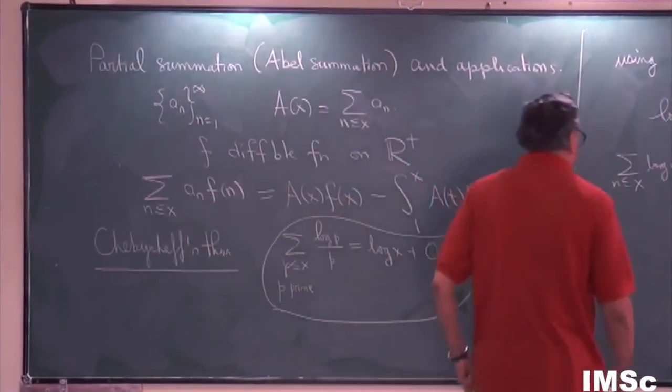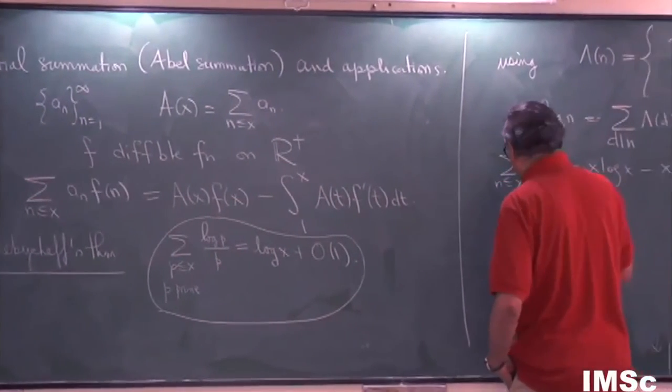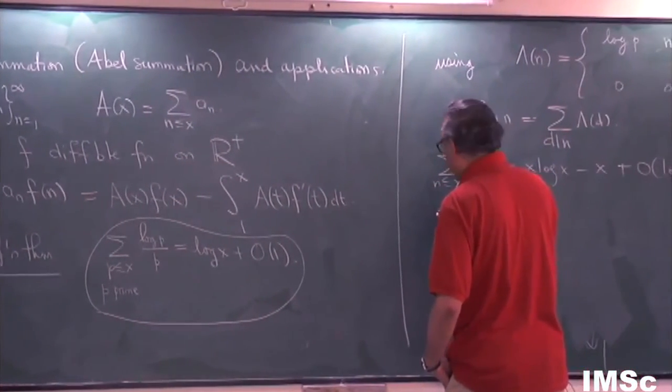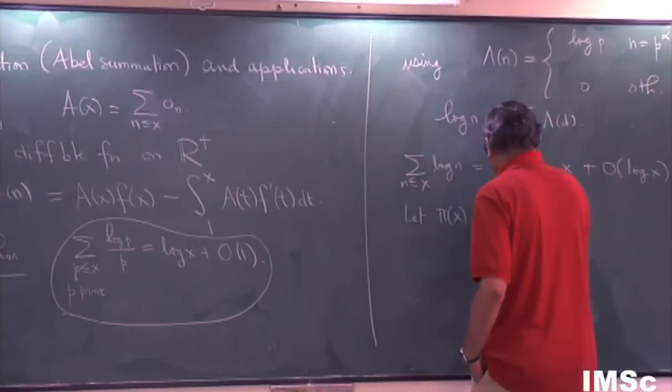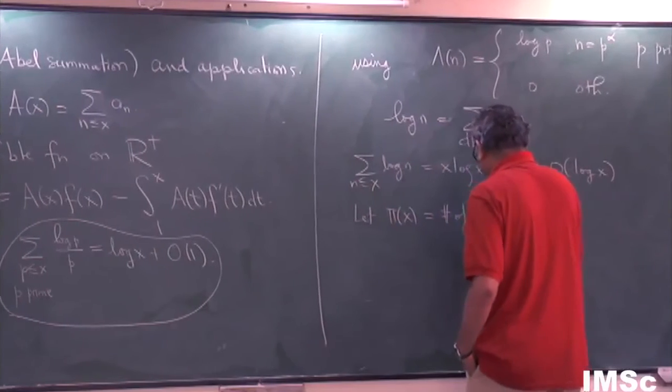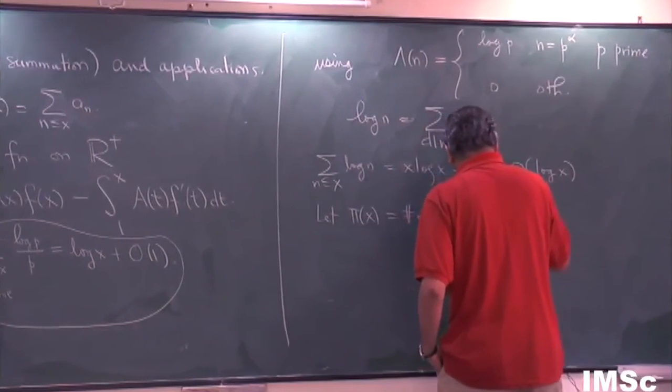And then I showed you last time how this can be used to prove Chebycheff's theorem. Let pi of x be the number of primes less than x.